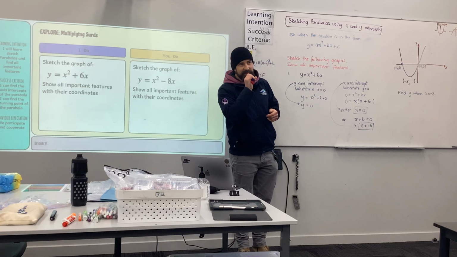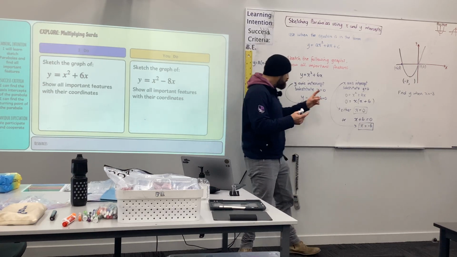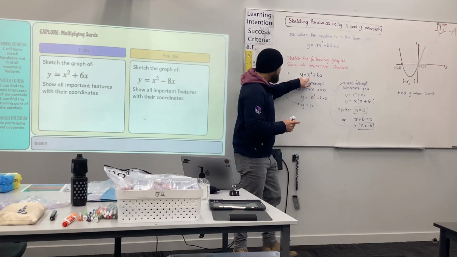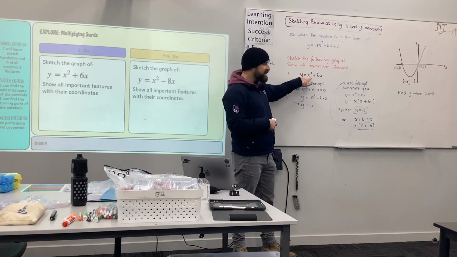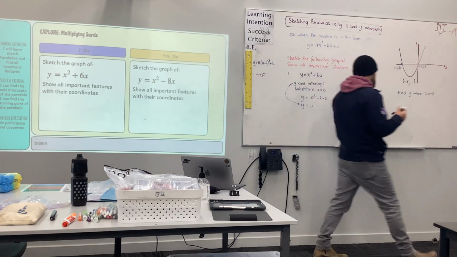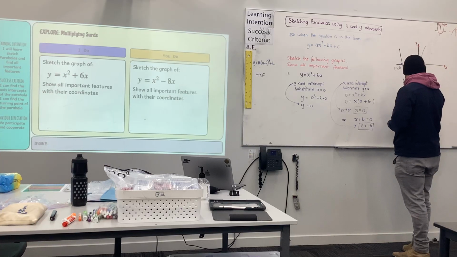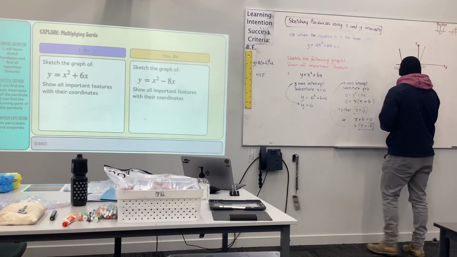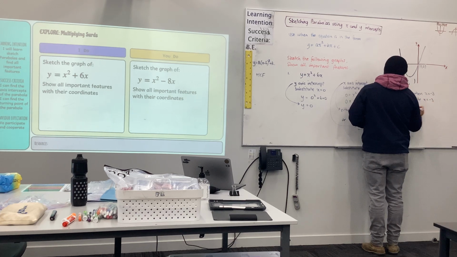Why are we doing that? Because the equation helps us find y when we know what x is. That's exactly what this equation does. It finds out what y is when we know what x is. So let's substitute x equals -3, which looks like this.